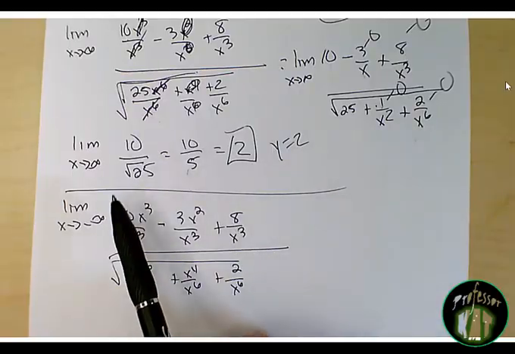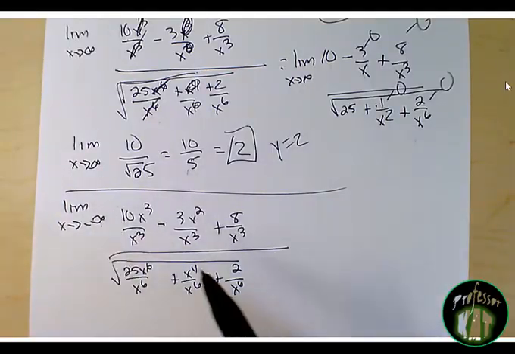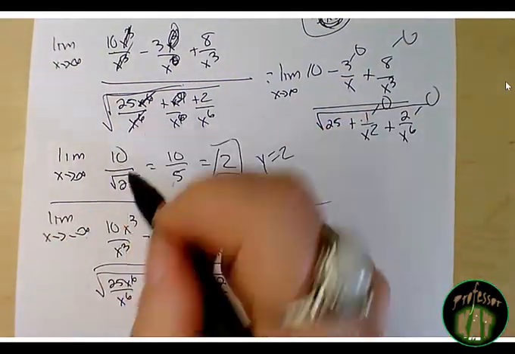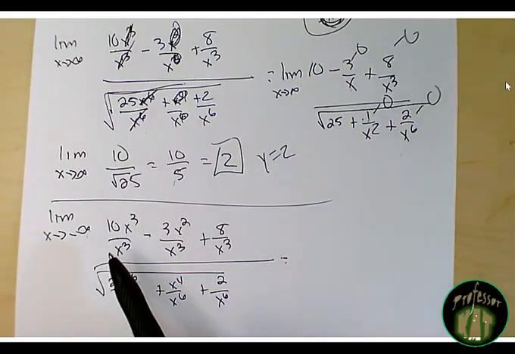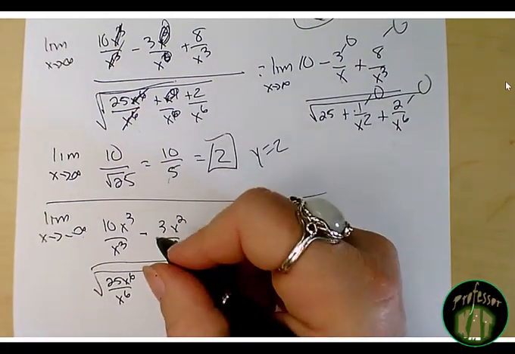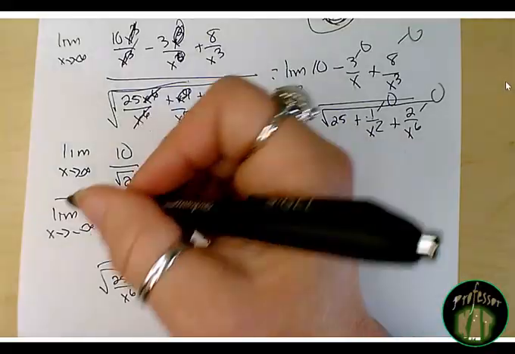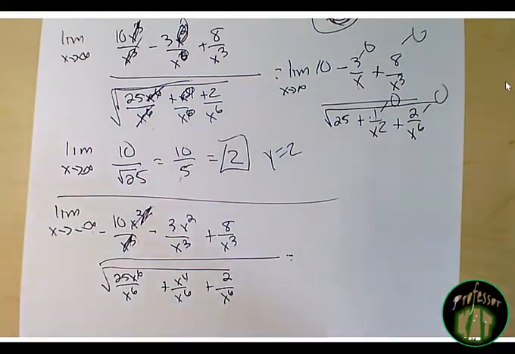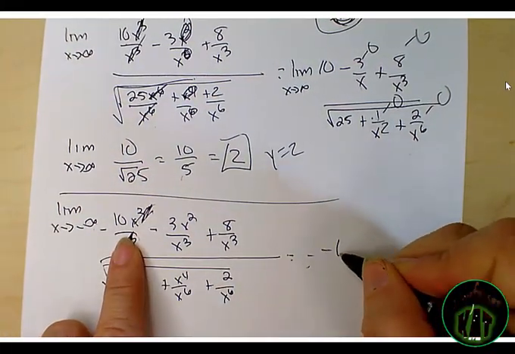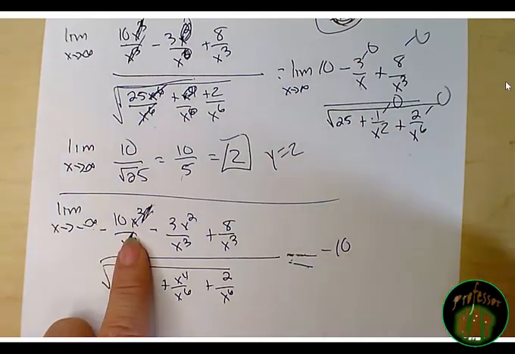Now, here's where we need to take into consideration our negative infinity, right? Because when we plug in a negative infinity, a negative times a negative times a negative is negative. So even though this x cubed is going to cancel out with this x cubed, this was negative, making this fraction negative. So we actually are going to be left with a negative 10 for that term there.